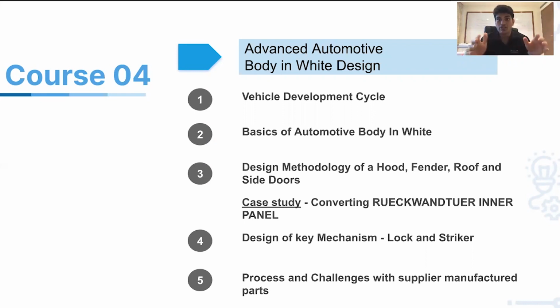Your hood needs to be in X dimensions. This is your design. What is the functionality? Your hood's function is to open and close and to absorb the heat generated by the engine, right? And to make sure when it crashes, it propagates the forces away from the passenger and the driver. So this is the functional requirement of the hood.